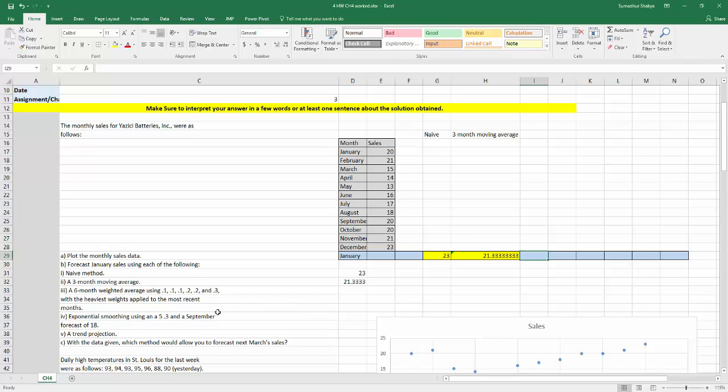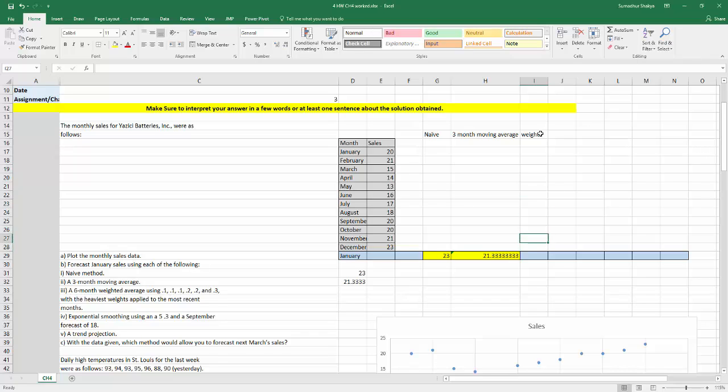However, in the next part we are given the 6-month weighted average. This is similar to what we did in chapter 2, wherein we had a factor rated methodology. So let's see, first we are given the weights.